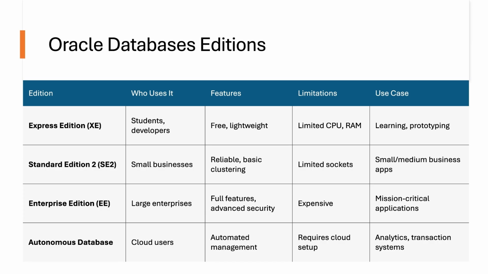Yes, some of the feature-level difference is also there. For example, you cannot have advanced performance tuning, you cannot have TDE data encryption, and you cannot have partitioning and online index rebuilding. So those feature differences are also there between the standard and enterprise edition, not only the hardware level.